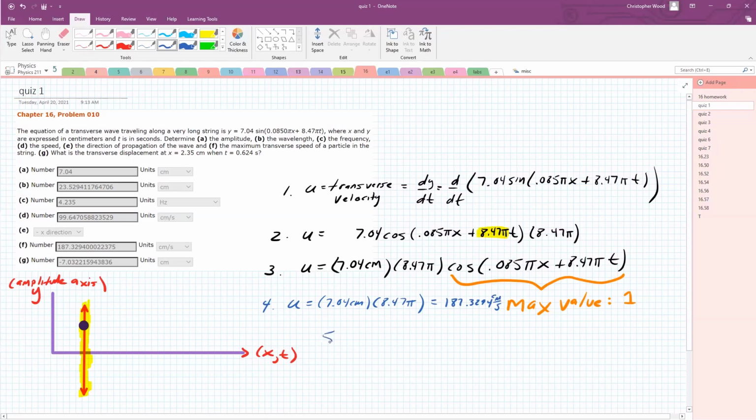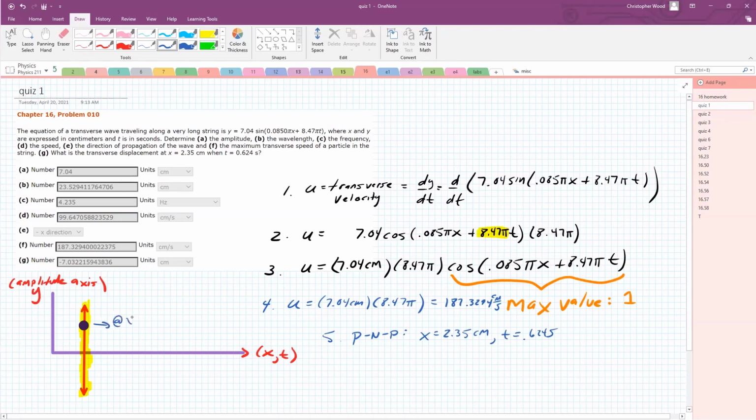Okay. Plug and play. Let's plug in the following values: X equals 2.35 centimeters and T equals 0.624 seconds into our wave equation. So here goes. It says, where is this particle? So right here, let's use this as our example.